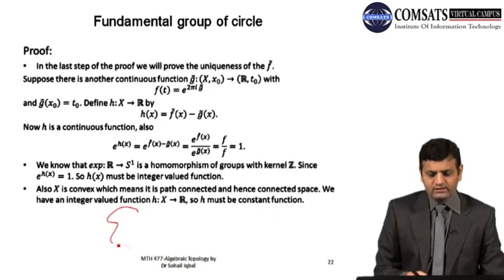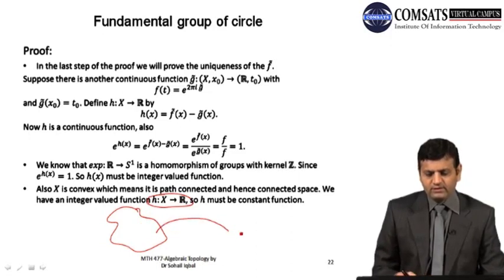If X is a connected space, we already know that the continuous image of a connected space is connected. In other words, this h, which gives me only integers in its output, is a continuous function from a connected space, so its image must be only one element, for example k.